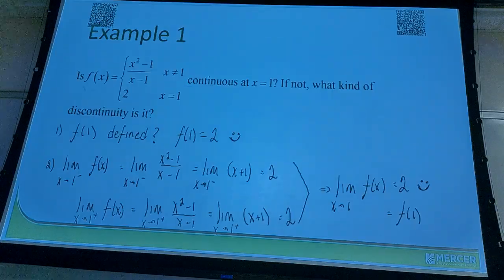You said f of 1 is 2, right? Yeah. All 3 conditions are satisfied. It's continuous at 1. Which means we don't need to identify the type of discontinuity because it's not a discontinuity. Which, by the way, means that this function will be continuous everywhere.